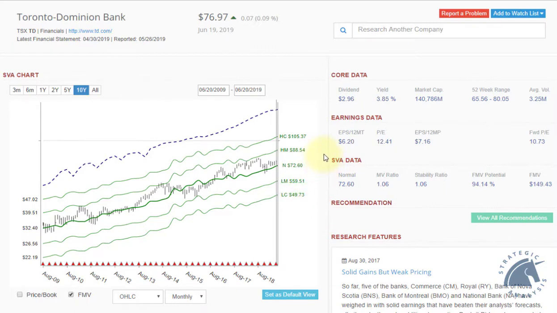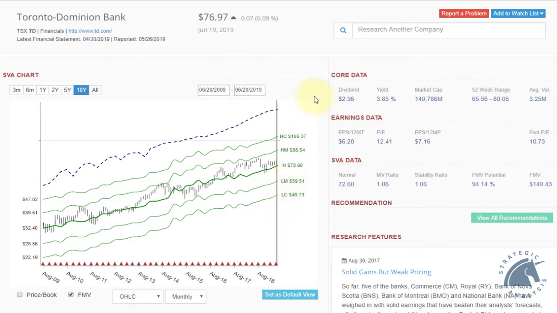It's just been trading right along either side of its normal price, which we define as a price to book of 1. Although, again, remember that if you look at the actual book value of TD, don't be surprised if it isn't $72.60. It's something much lower than that.